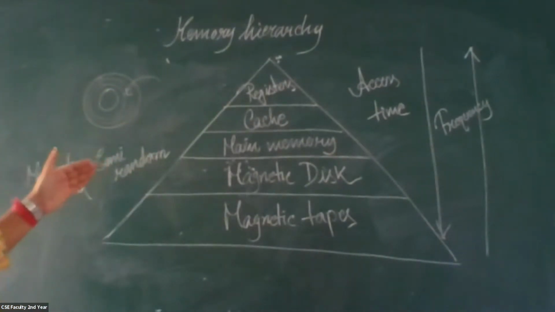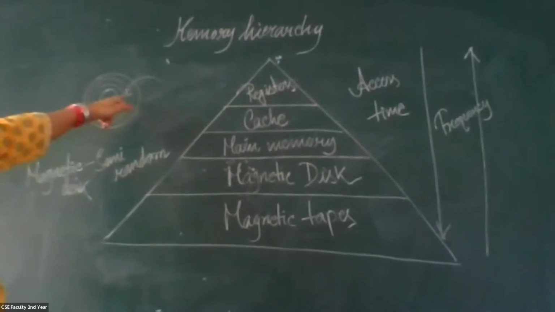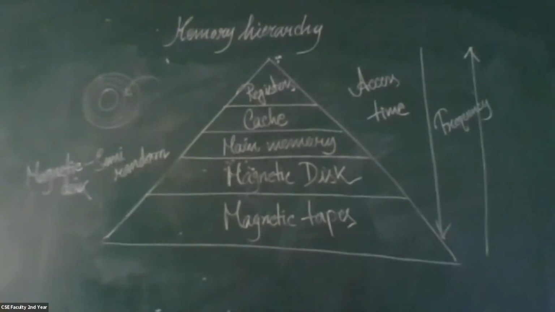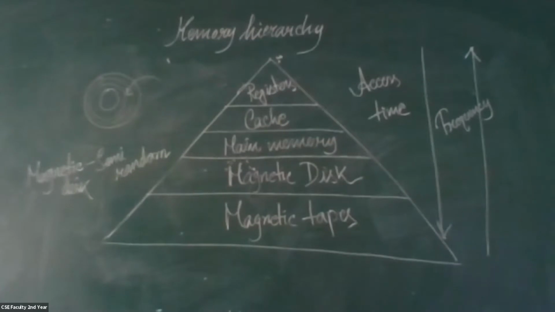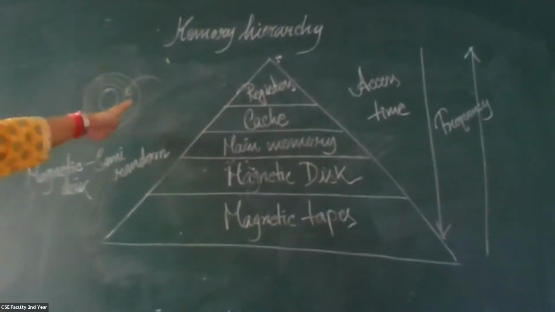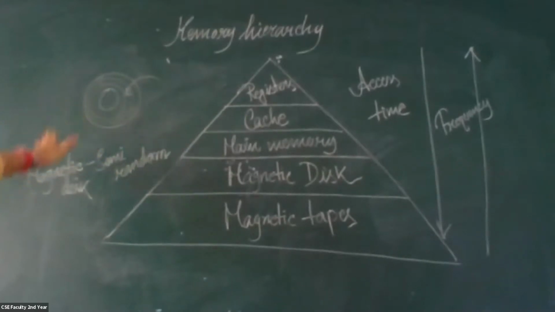But from there, the data that you want to get from that track, for that you have to maintain the sequence till it comes to the point that you want. So in the track, you can come randomly, but within the track, you have to follow a sequence to move, like listening to music, right?